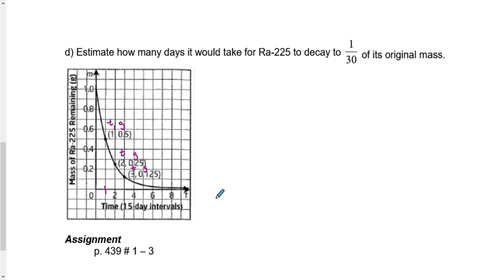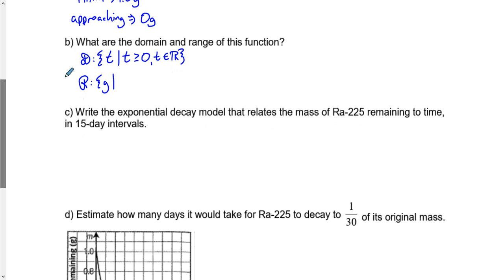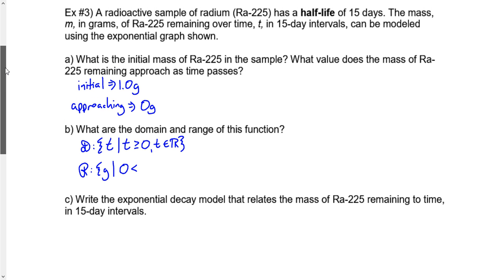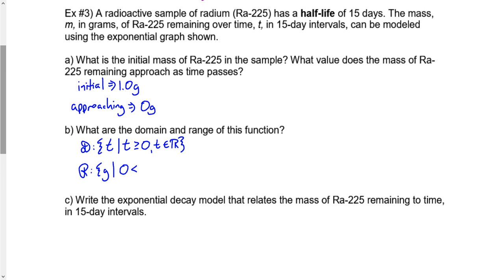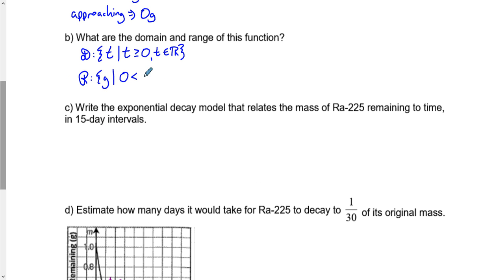Well, it's approaching 0, but its maximum mass is 1 gram. We would always want to write our lowest value first. So because it doesn't actually hit 0, because it's modeling an exponential graph, 0 would be the lowest value, but it does actually hit the 1 gram. It hits every single value in between.